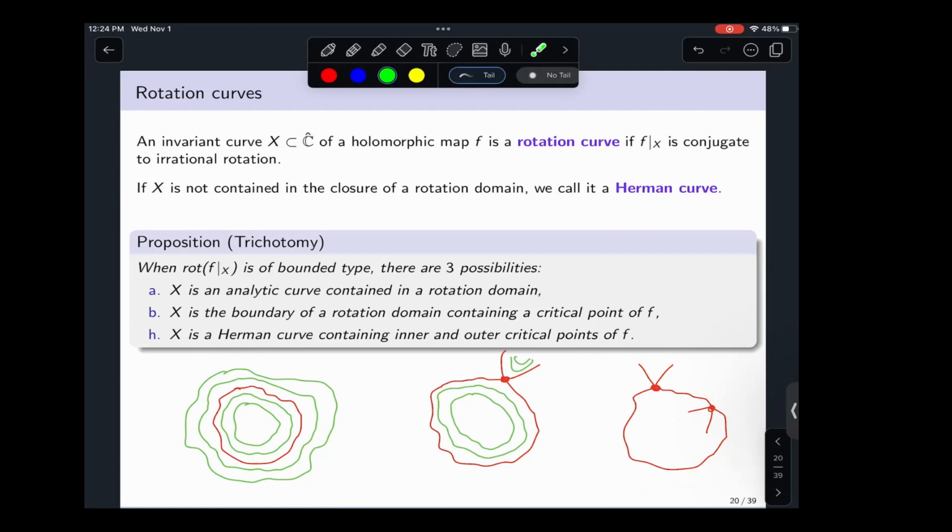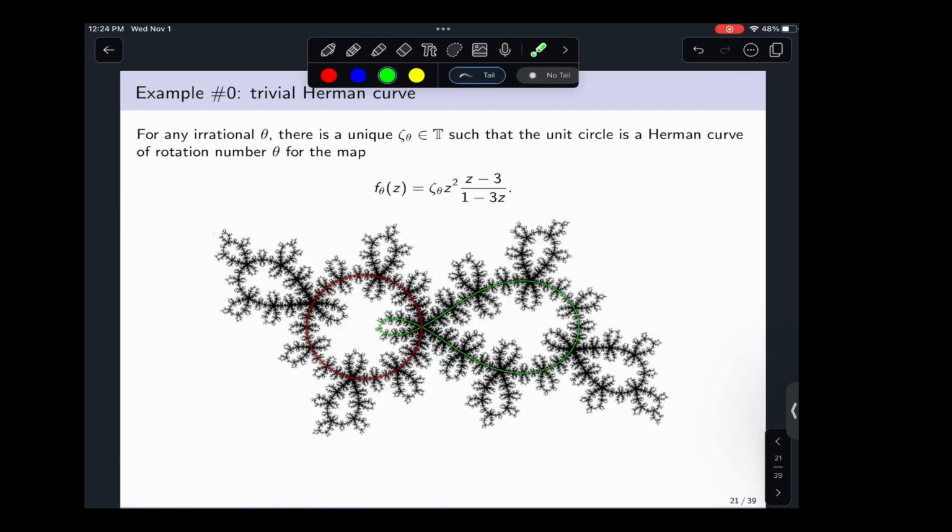So let's look at some examples. This one is a trivial example, meaning that the Herman curve is just a unit circle. So if I pick any irrational number, it doesn't have to be of bounded type, actually, I can find a complex number of modulus 1, so lying on the unit circle, such that the following rational map, this degree 3 rational map, this is actually a Blaschke product.